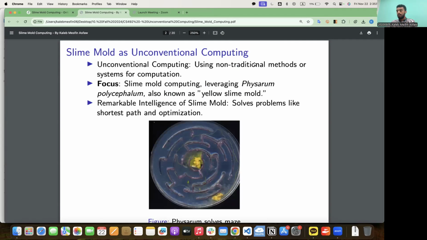As we know, unconventional computing refers to non-traditional methods, but why does slime mold stand out as a unique approach? The name of the organism is yellow slime mold, or in its scientific or taxonomic name, Physarum polycephalum.